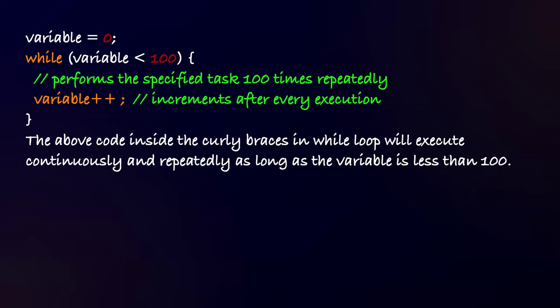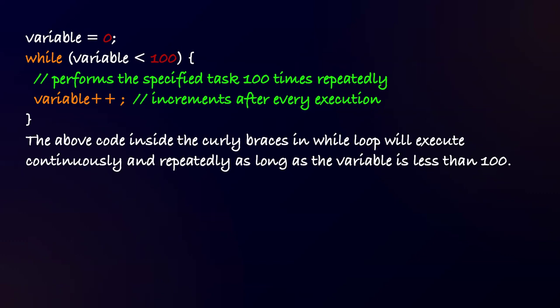That is what we mean by variable less than 100. Now, if we write variable++ within the curly brackets, it means what we have written for the for loop also, incrementing the value after every execution. Understood?